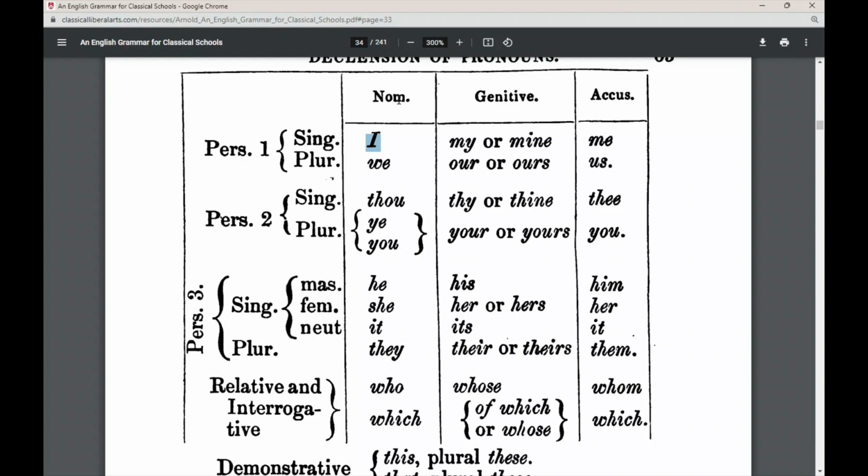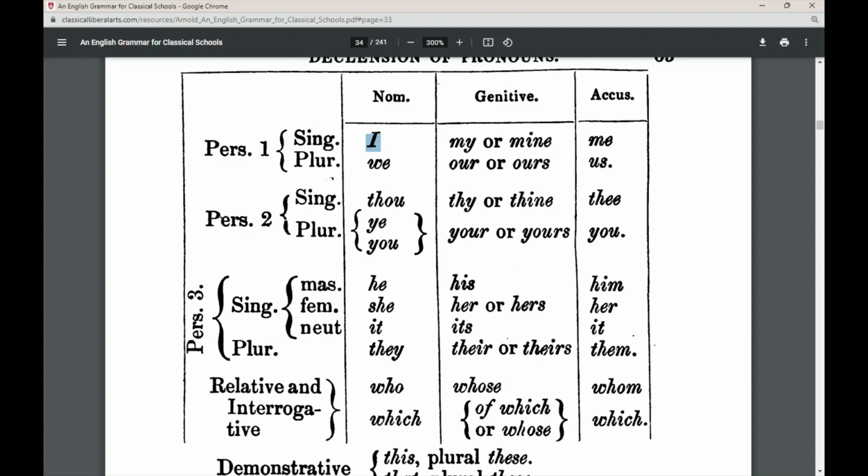When we name the subject, when we talk about ourself as a subject, we use the pronoun I. If a person speaks of himself in the genitive case, he uses the pronoun my. And lastly, if the first person is the object of some verb, in the accusative case, he would use the form me.